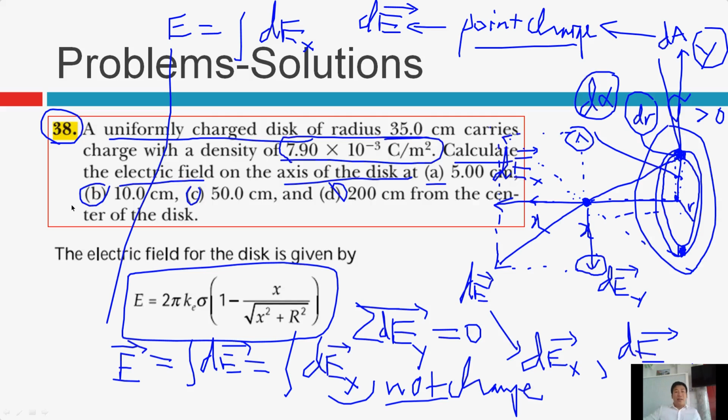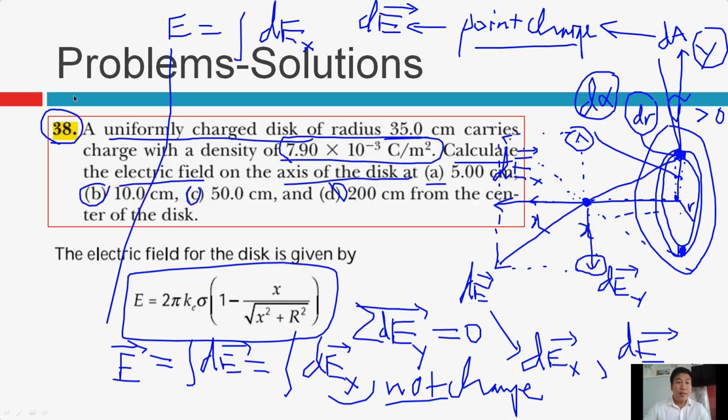Okay, we continue this problem. The problem here, you change the solution from how to find E, how to find the electric field in 2D. Right now you just need to find the electric field in the x direction, right? And in the x direction, it's very easy for you to find.